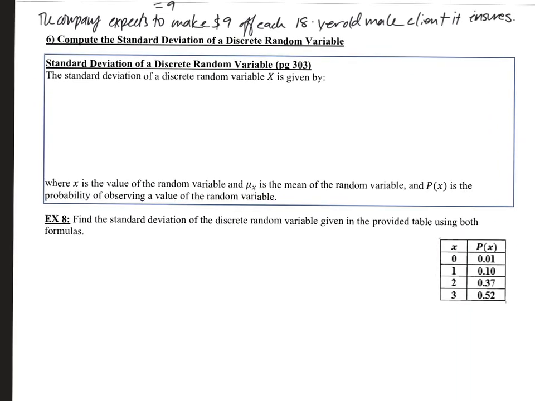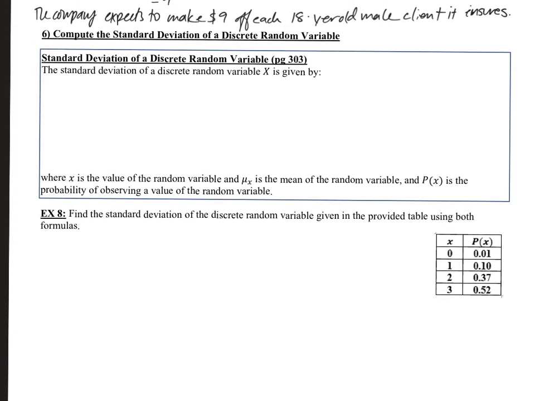All right, now objective 6, compute the standard deviation of a discrete random variable. So the standard deviation of a discrete random variable x is given by the following. Sigma of x is equal to the square root of the sum of x minus the mean squared times the probability of x.